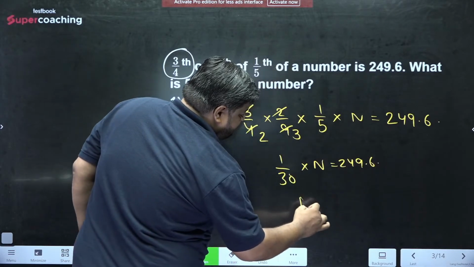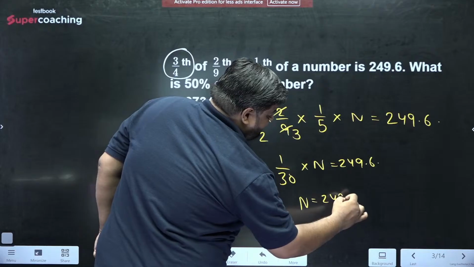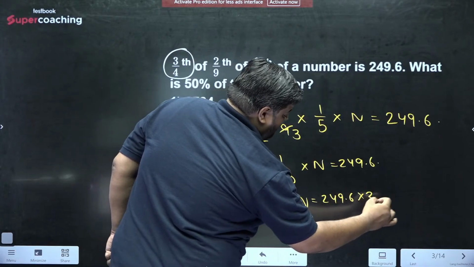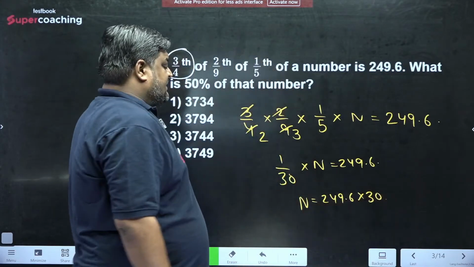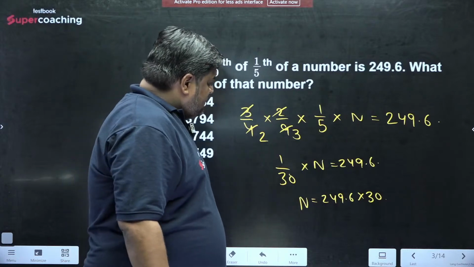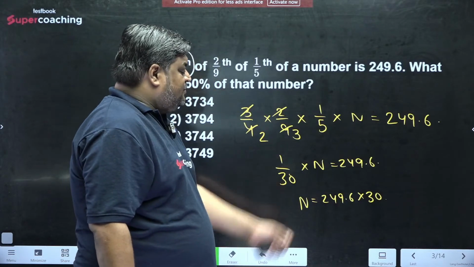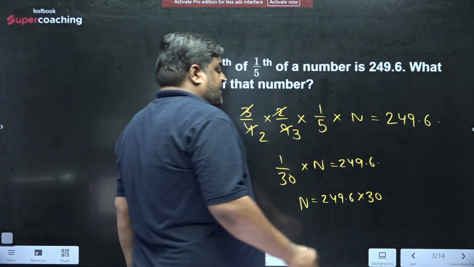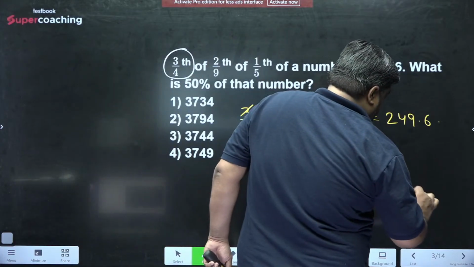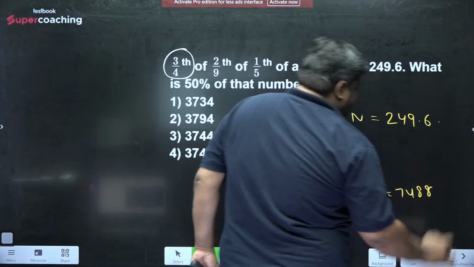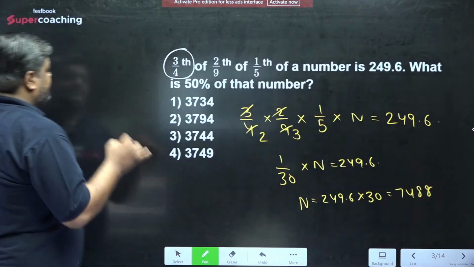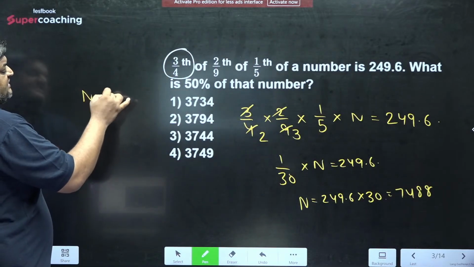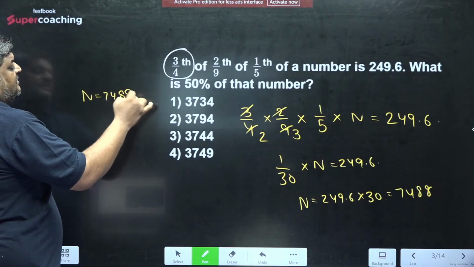1/30 into n is 249.6, where n is 249.6 into 30. Okay, and this is how much? 249.6 into 3 is 748.8, or 7488. So the number itself is 7488.